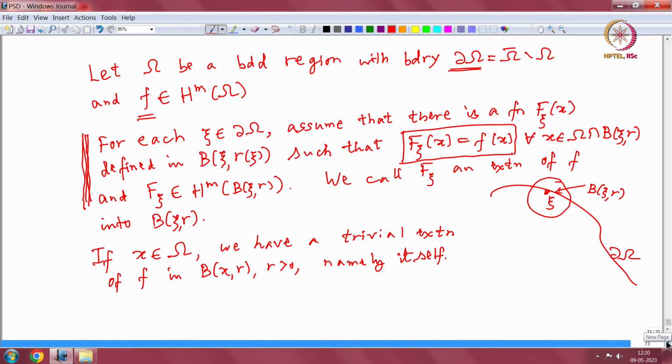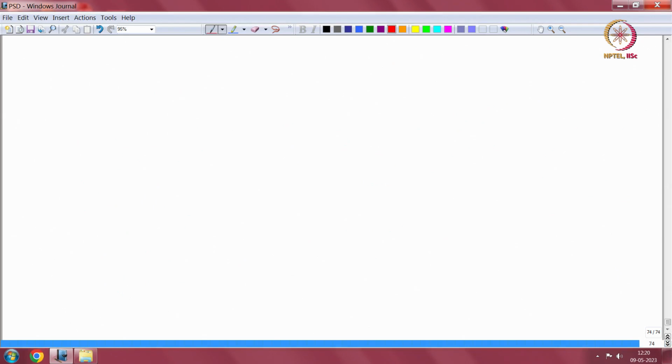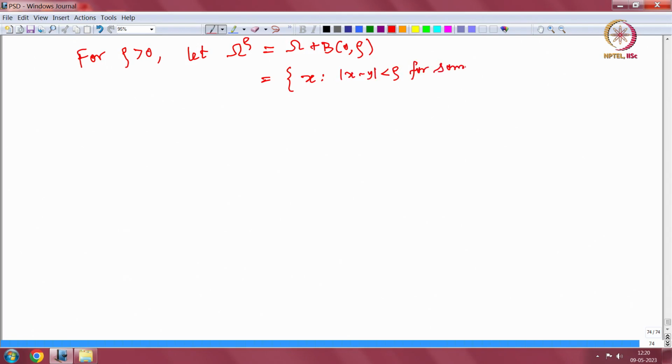So, one more notation, I will just write. Okay. So, for rho positive, we already introduced this one, but let omega rho be omega plus B rho. So, this is the set of all x such that norm of x minus y is less than rho for some y in omega.